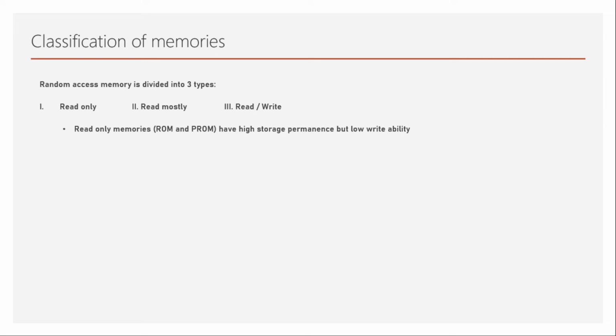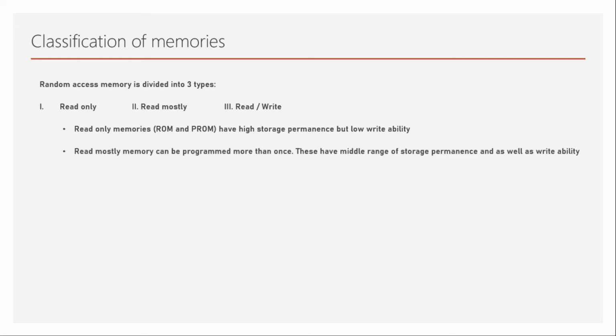ROM is read-only memory and PROM is programmable read-only memory. Read-mostly memory can be programmed more than once. These have middle range of storage permanence as well as writability. If you consider the ROM and PROM, ROM is not at all writable, but PROM is programmable only once. But the read-mostly memories can be programmed multiple times. That's why they have better writability.